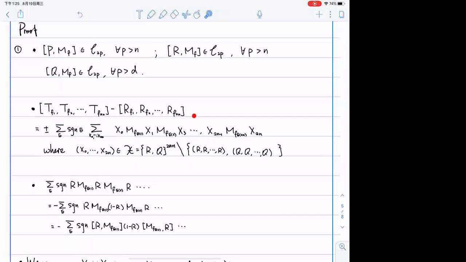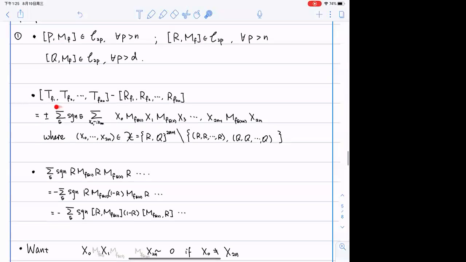You are looking at the difference of antisymmetric sums, and if you write everything out, like writing T_f as P M_f P, and R would be like this, then if you are taking the difference, at each space you get P minus R instead of P or R, and that would improve your commutator membership. Basically that's the idea.